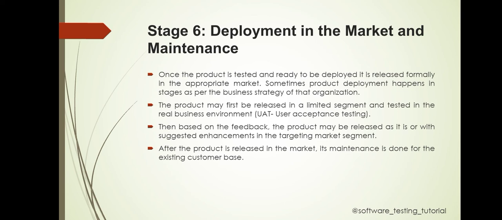The product may first be released in a limited segment and tested in the real business environment, that is UAT, user acceptance testing. Then based on the feedback, the product may be released as it is or with suggested enhancements in the targeting market segment.